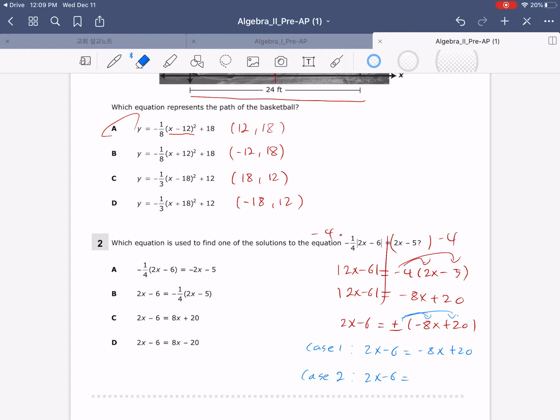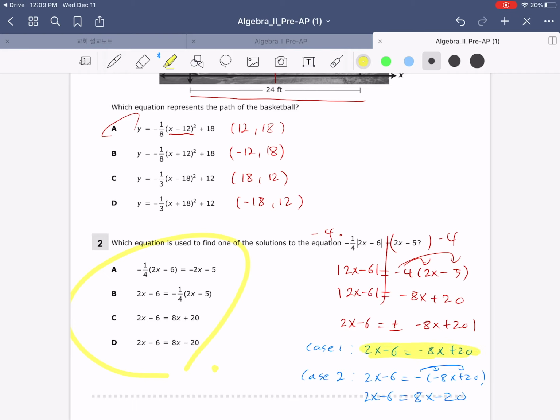Case 2 is 2x minus 6 is equal to, if you distribute the negative here, let me just show you briefly here. Negative of (negative 8x plus 20), which is just 2x minus 6 is equal to, if you distribute, positive 8x minus 20. So if you look at the answer choices, it's going to be either this or this. Let's see if we have something.